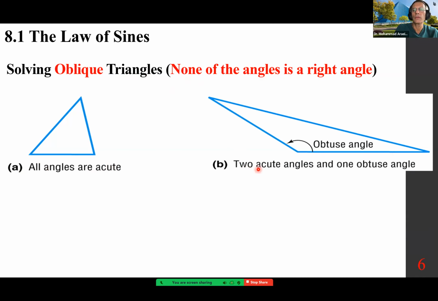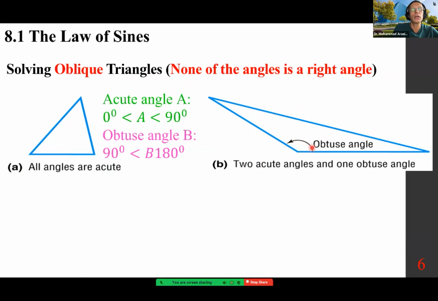If we look at this example, these two angles are smaller than 90 degrees, acute, and one is obtuse. So acute angle A is between 0 and 90 degrees. Obtuse angle B is between 90 and 180 degrees. There is a sign missing here.